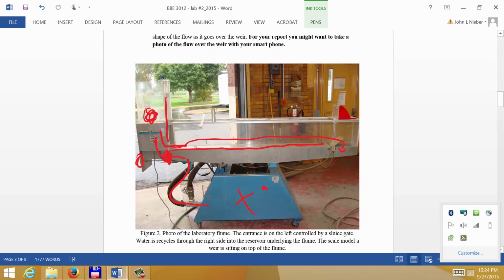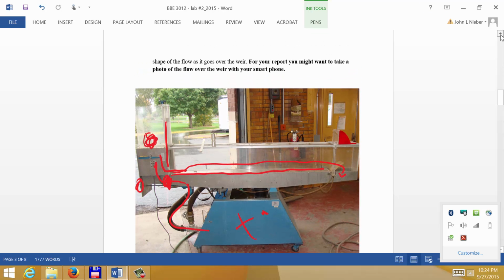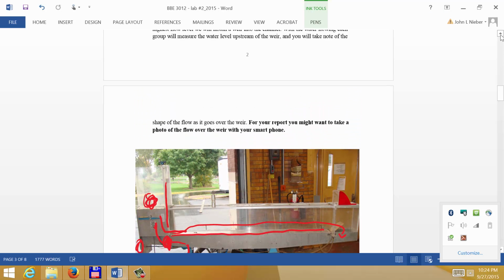On the other side of this model, there's a manometer that you'll be measuring. It's a differential manometer. You'll be measuring the difference in water level in the manometer to determine the pressure loss across the orifice. With an orifice, basically what we've got is something like this.